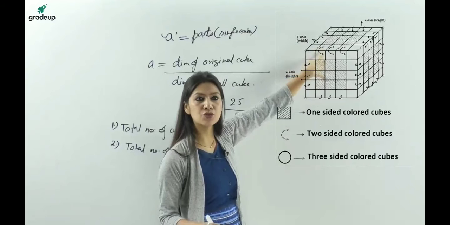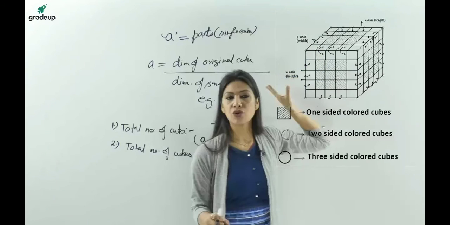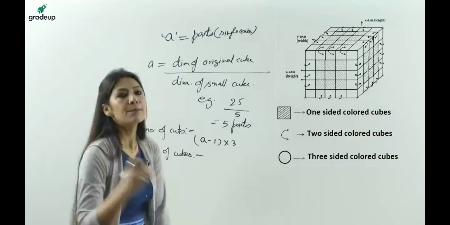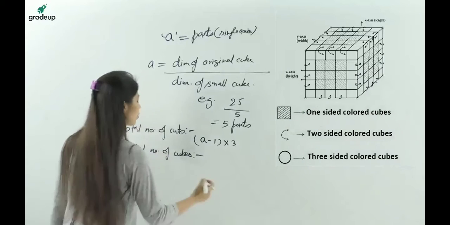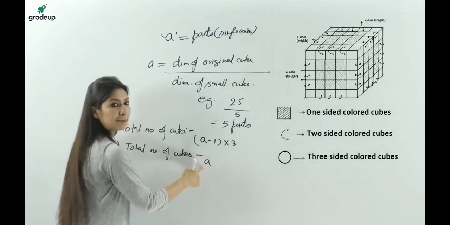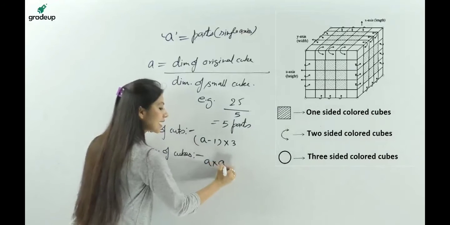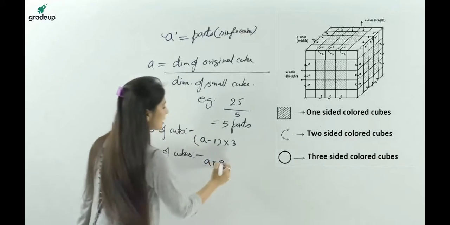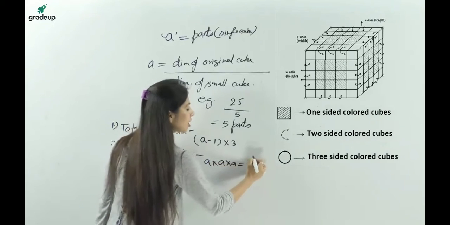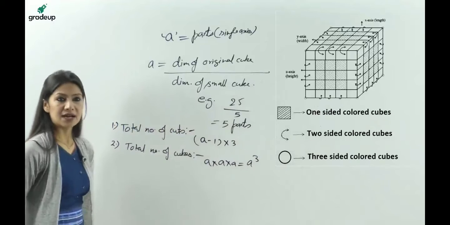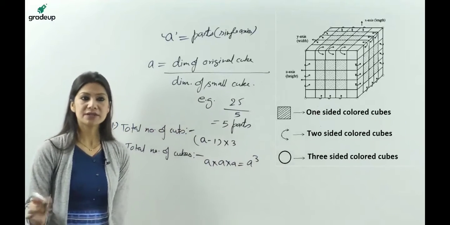In z 1, 2, 3, 4, 5 cubes. So it is 5 in x, 5 in y, 5 in z. For this example, our answer will be 5 into 5 into 5, that is equal to 125 small cubes. But in the generalized way, for the x-axis you will have A parts, for the y-axis again A parts, for the z-axis again A parts. So overall I can denote it with the formula A to the power 3.